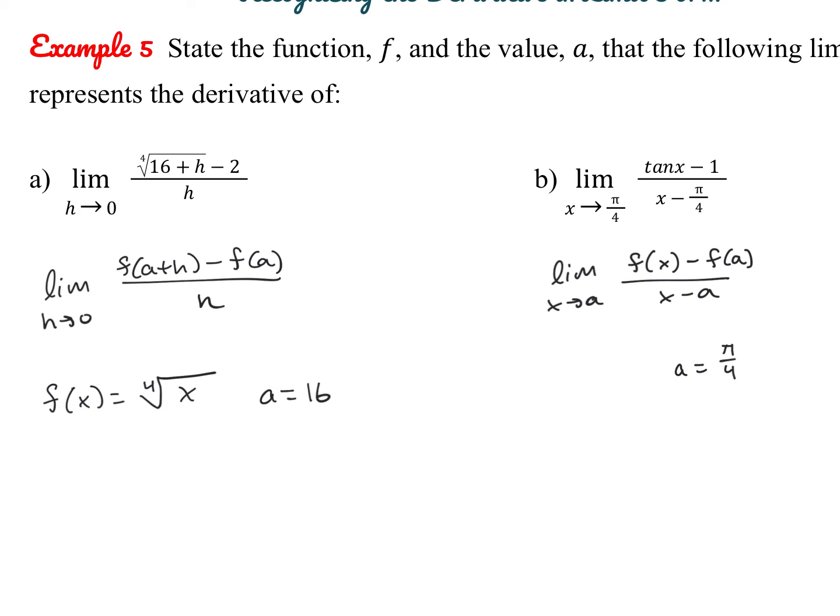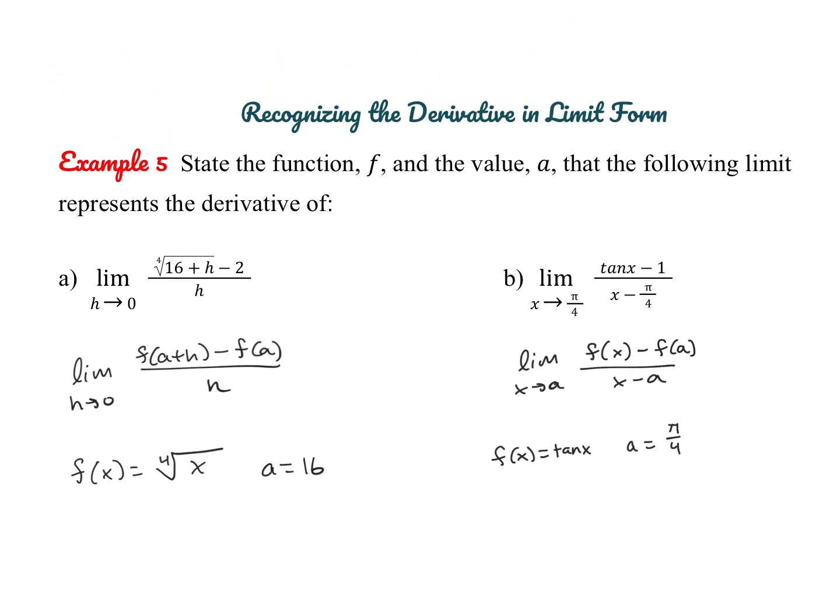And you could see that our function is just tangent of x. And that does check out because the tangent of pi over 4 is equal to 1. So that would be f of pi over 4. So again, just looking at two different representations of a derivative in limit form and working our way backwards to find the original function and the value that we're representing the derivative of.